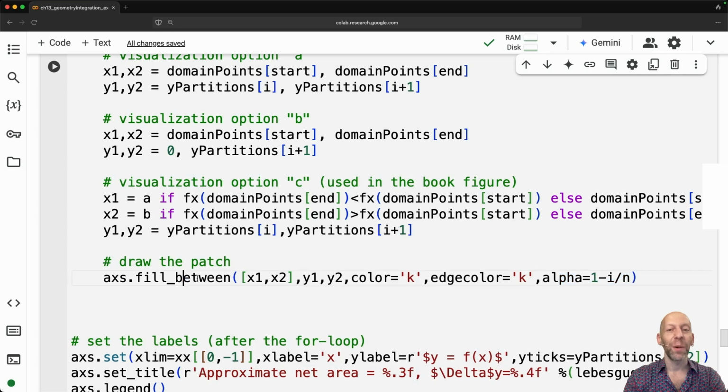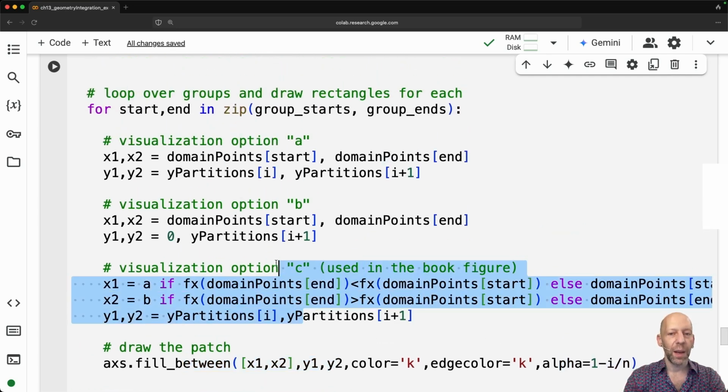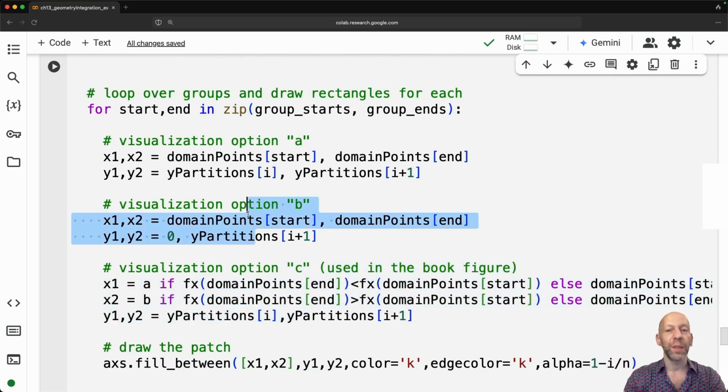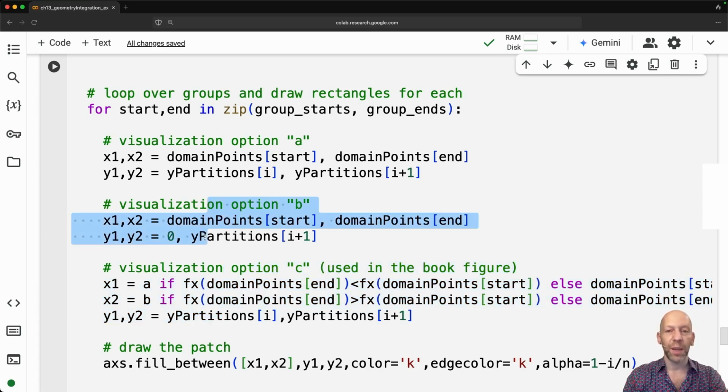Now with that as the endpoint, I'm going to slowly walk back. These three code options here are for different ways of visualizing the Lebesgue approximation. Option C is what I actually used in the figure. This is drawing the bars horizontally. If you want to explore these other visualization options, again, this is not changing the calculus. It's not changing the algorithm.